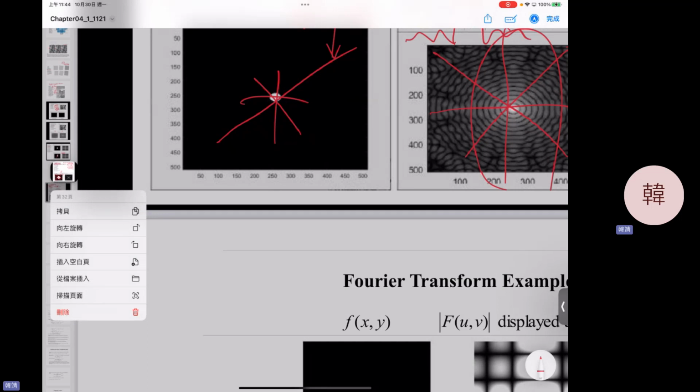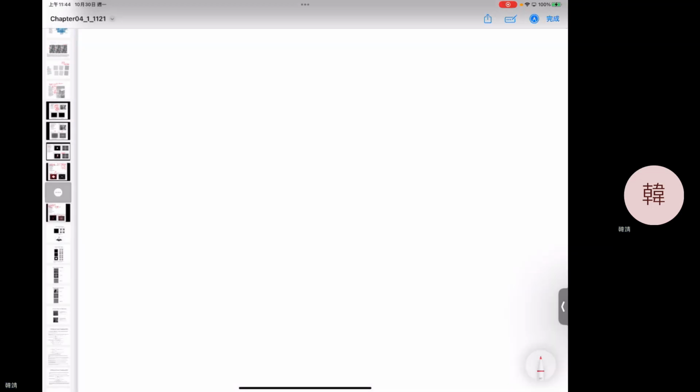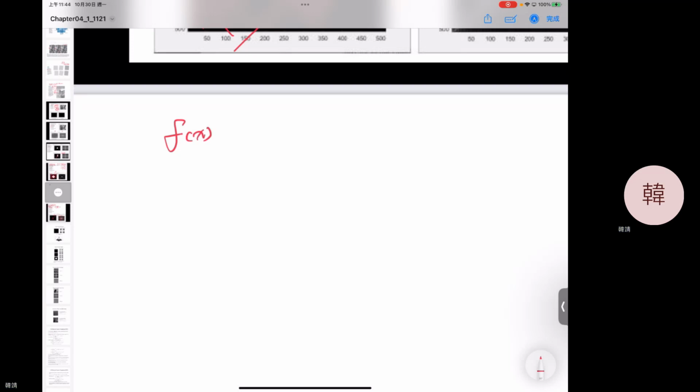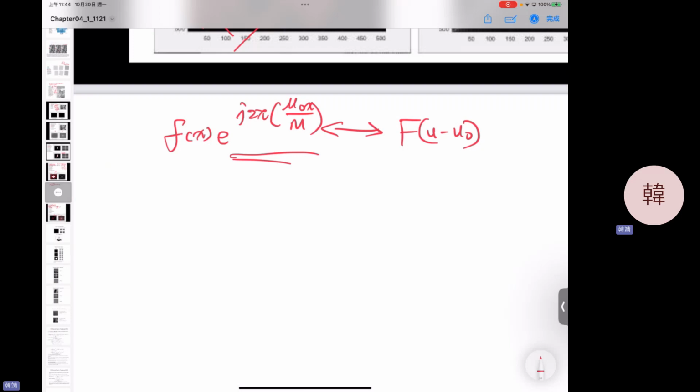see what the FFT shift is doing. First of all, you have to know the property, okay? f of x in one dimension, if you multiply by this one, you can just put it into your Fourier transform definition.